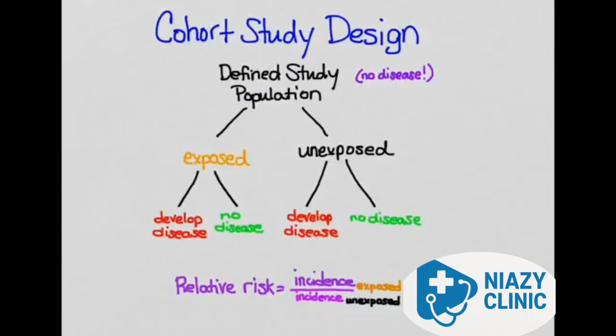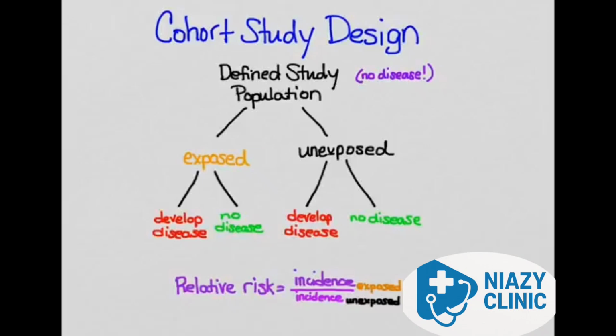And unlike the case control study, we can measure incidence because at the beginning of the study, nobody had the disease. And so then we are tracking people over time and we see exactly when they develop the disease.